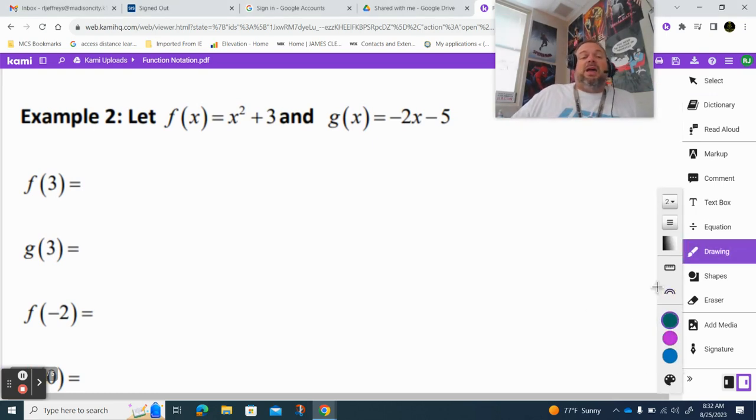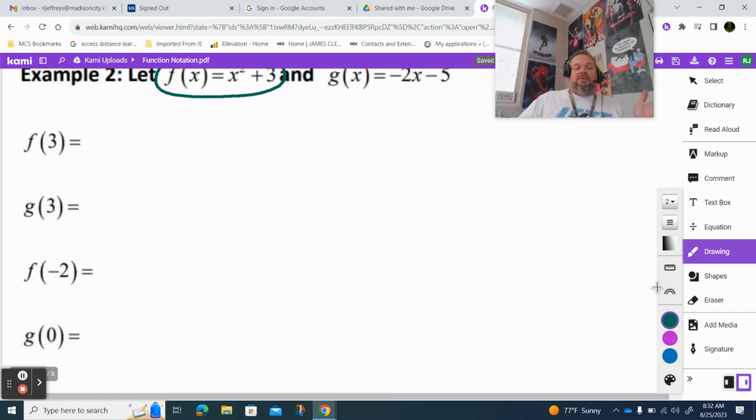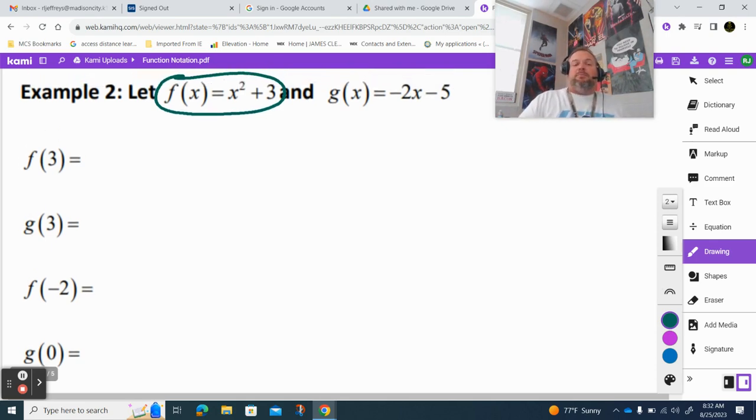All right, I'm going to circle this right here. Okay, now we have different letters. We have f of 3, g of 3, f of negative 2, g of 0, and we have an f and a g. We're not going to do it for both. So this is what I'm going to do. Everywhere that there's an f, I'm going to do this right here.